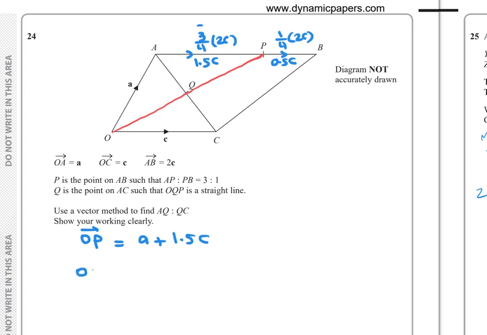So OQ equals OA plus AQ, which equals A plus K into AC.